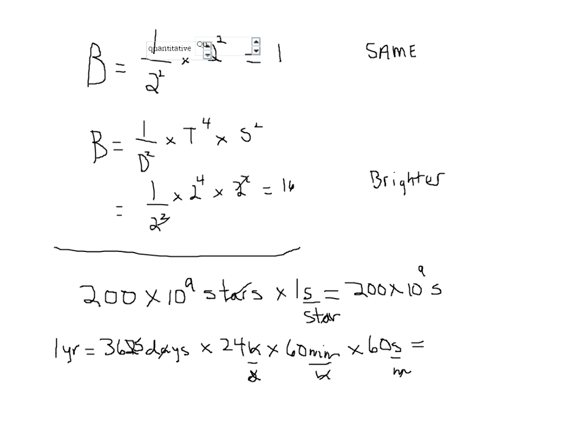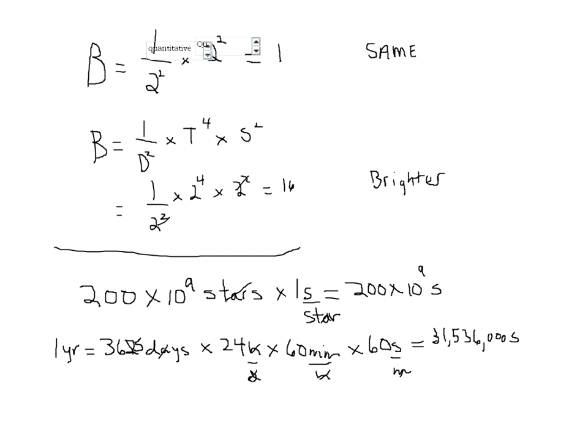So we take 365 times 24 times 60 times 60, and you'll come up with some number. I came up with 31,536,000 seconds in 1 year. All right?